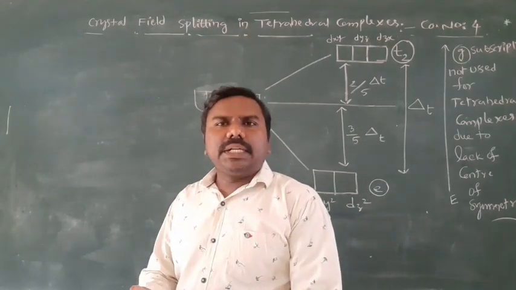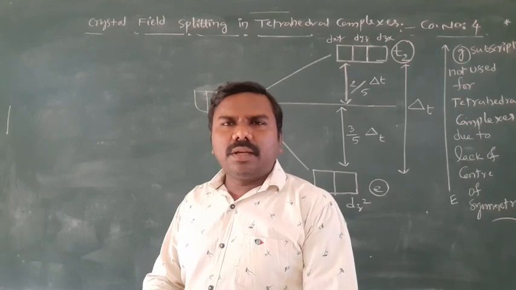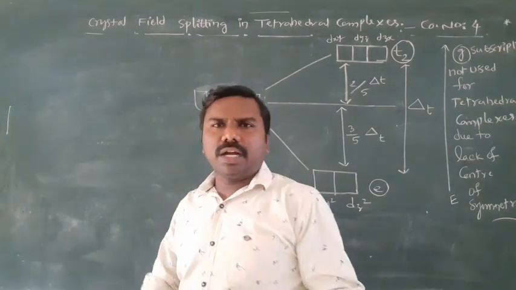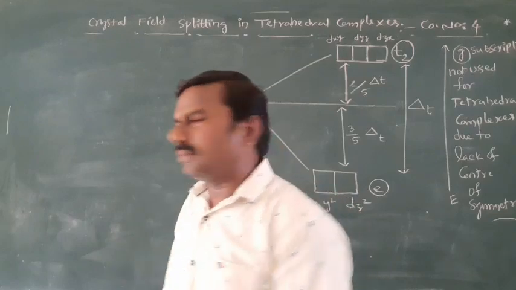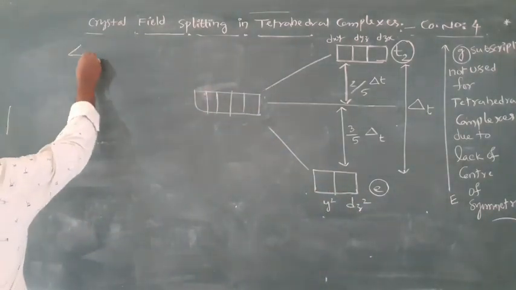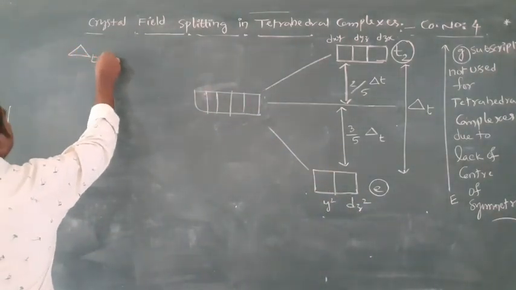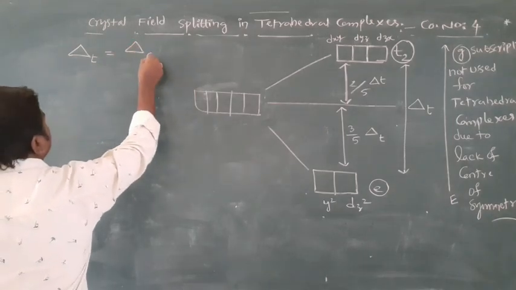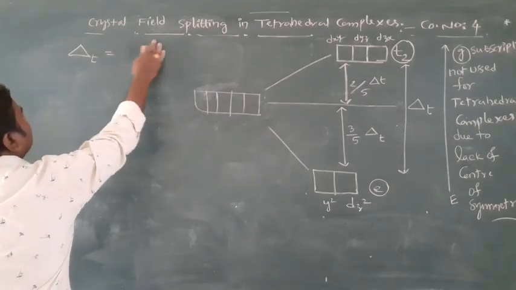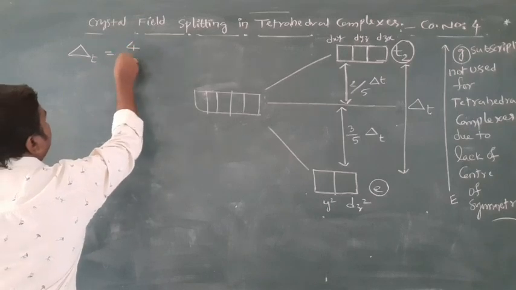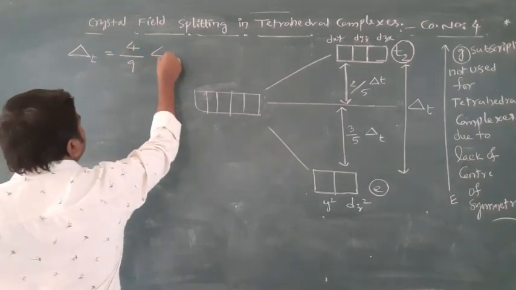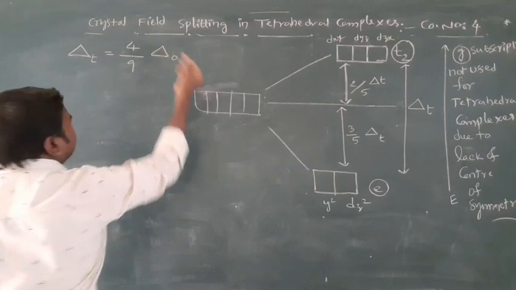Now, the next one is important. If you compare the splitting energy in tetrahedral and octahedral complexes, delta T is 4 by 9 times that of delta naught.